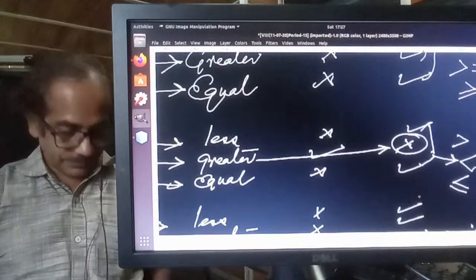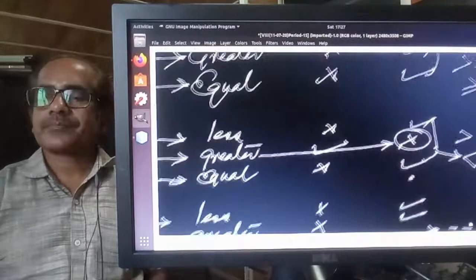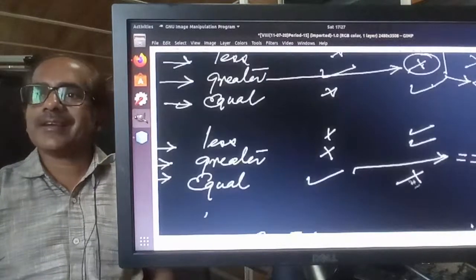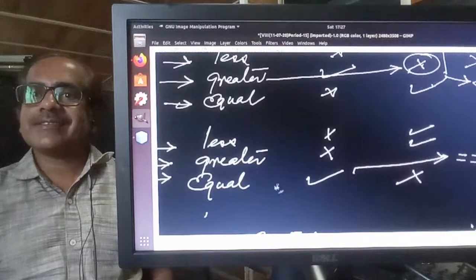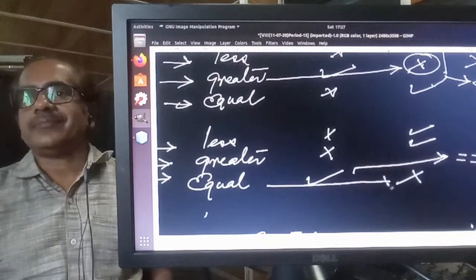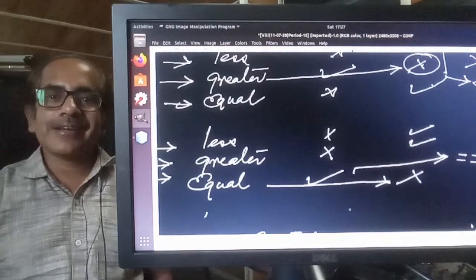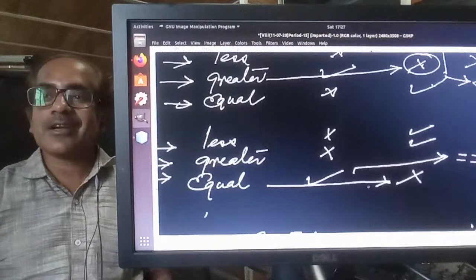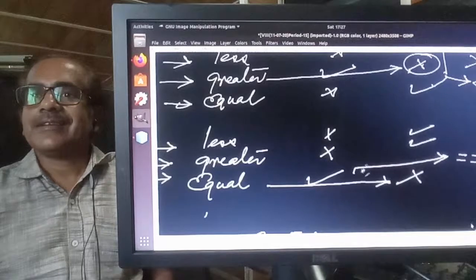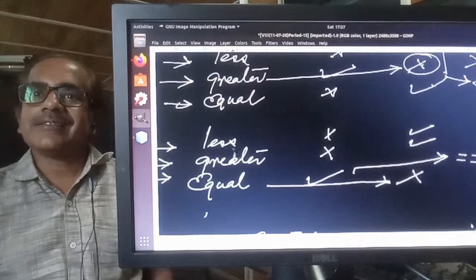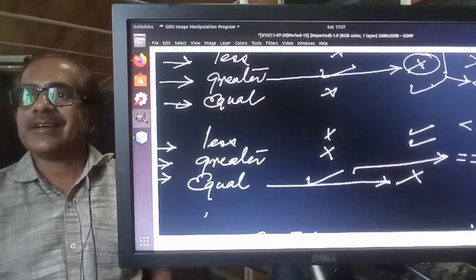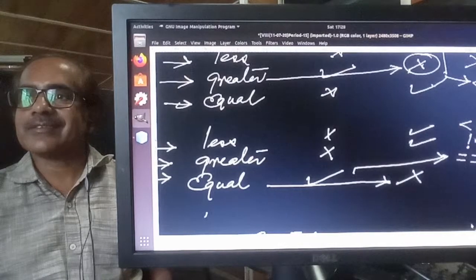Similarly, when you are declaring it is not equal, then it is either less or greater. We write the symbol like this or like this.